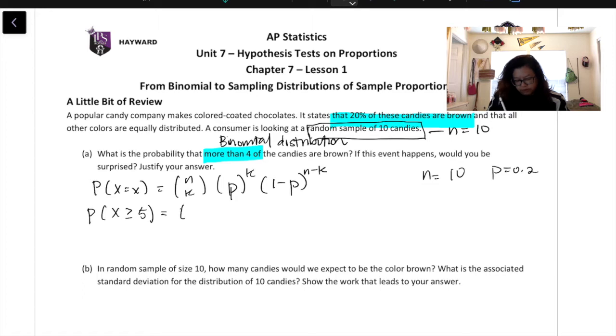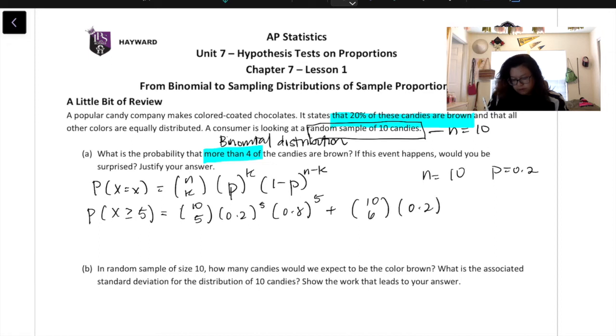That would mean we're doing 10 choose 5 times 0.2 to the power of 5 times 0.8 to the power of 5, plus 10 choose 6 times 0.2 to the power of 6 times 0.8 to the power of 4, plus and so on, all the way up until 10. Now, this takes too long. I'm going to do this in a calculator.